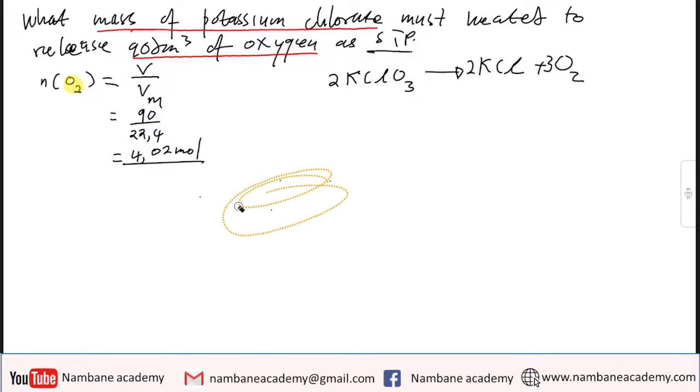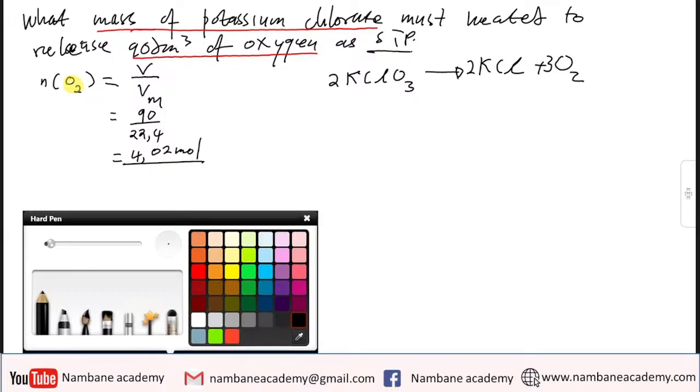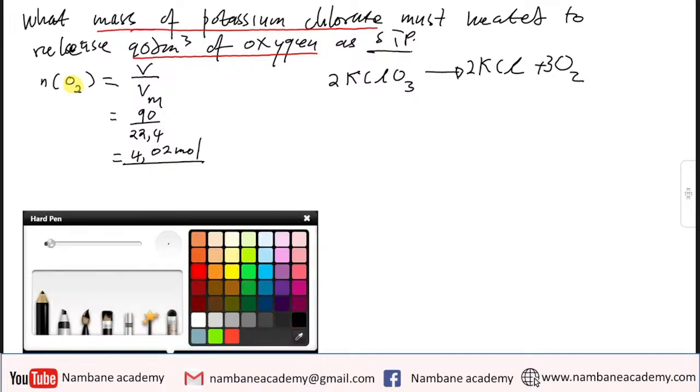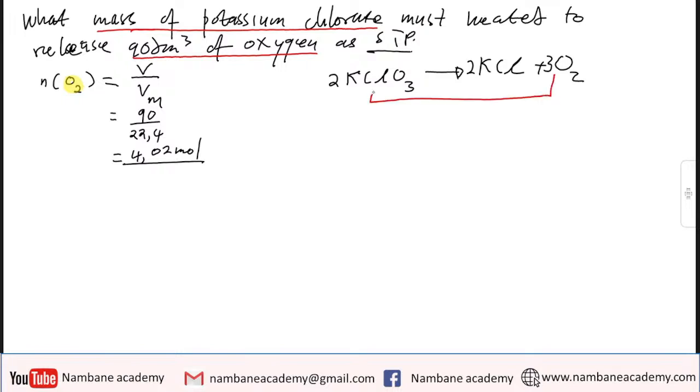So from this balanced chemical equation, one will be able to do what? Molar ratio relationship. Between what? Between oxygen and potassium chlorate.